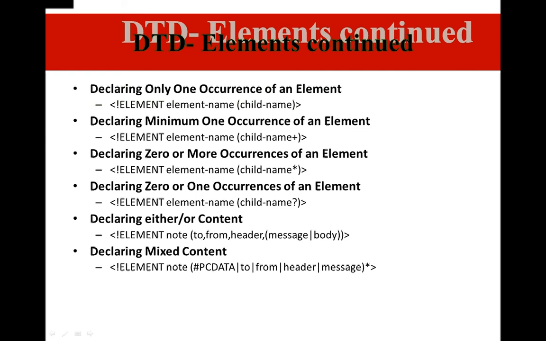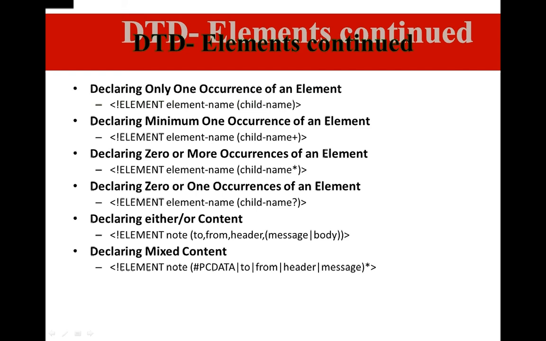You can write an address within a line as PC data, or you can classify that address with different fields like street, nearby location, state, mandal, district, all those. So both ways we can specify the address. That time we use mixed content. Here is an example: note. It could be a small piece of information like a note, or it could be a mail like to, from, header, message, everything exists.